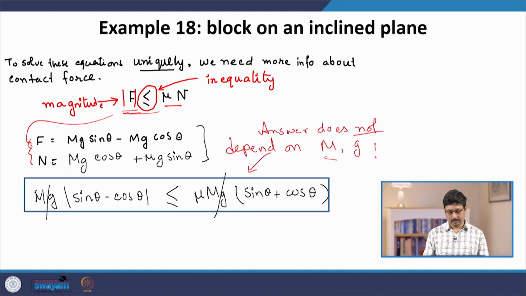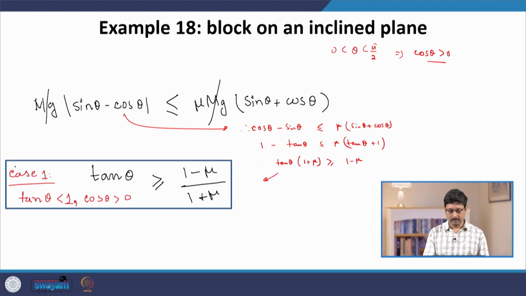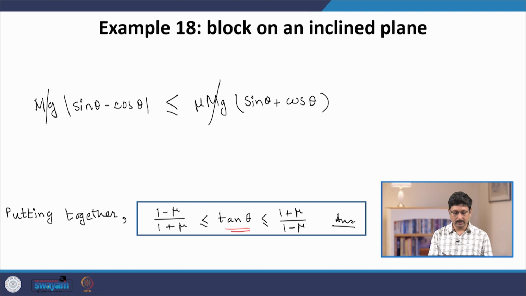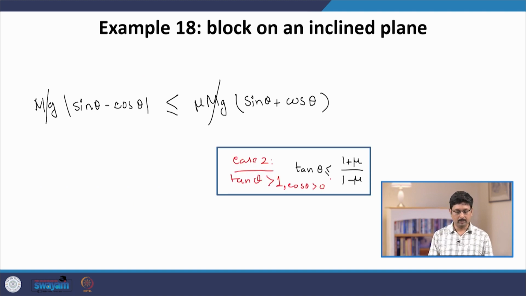Following the same route, you can easily show that the valid inequality is that tan theta is less than 1 plus mu by 1 minus mu. The other part of the inequality will not be relevant. So, this is the only case you need to consider.